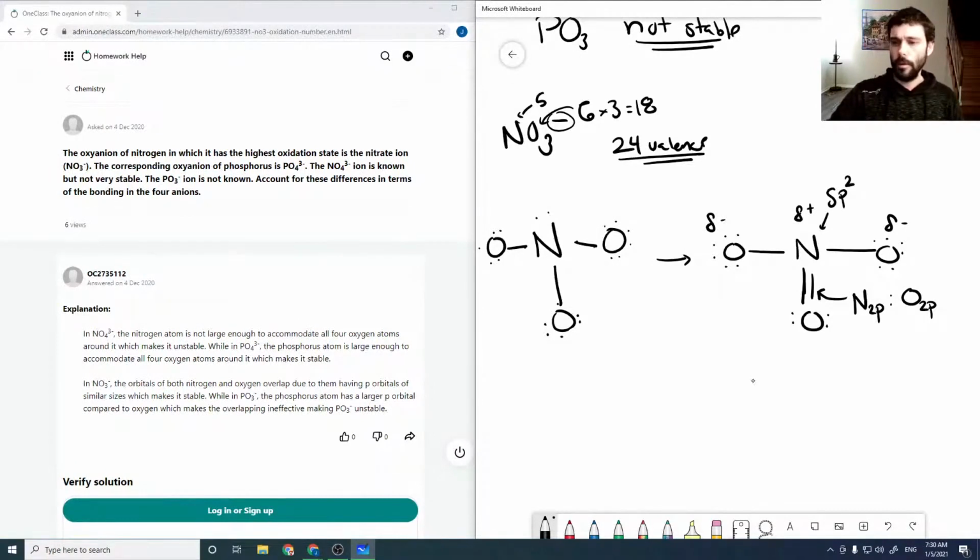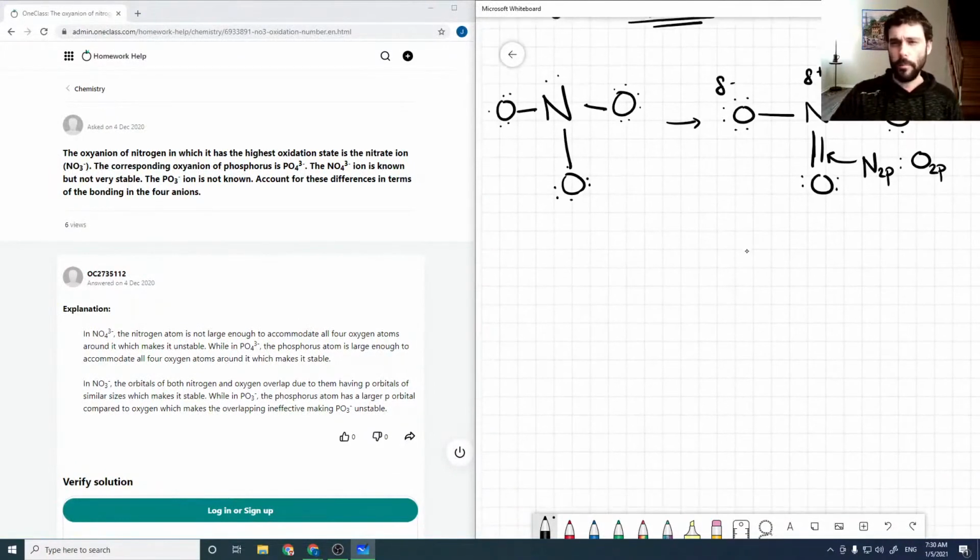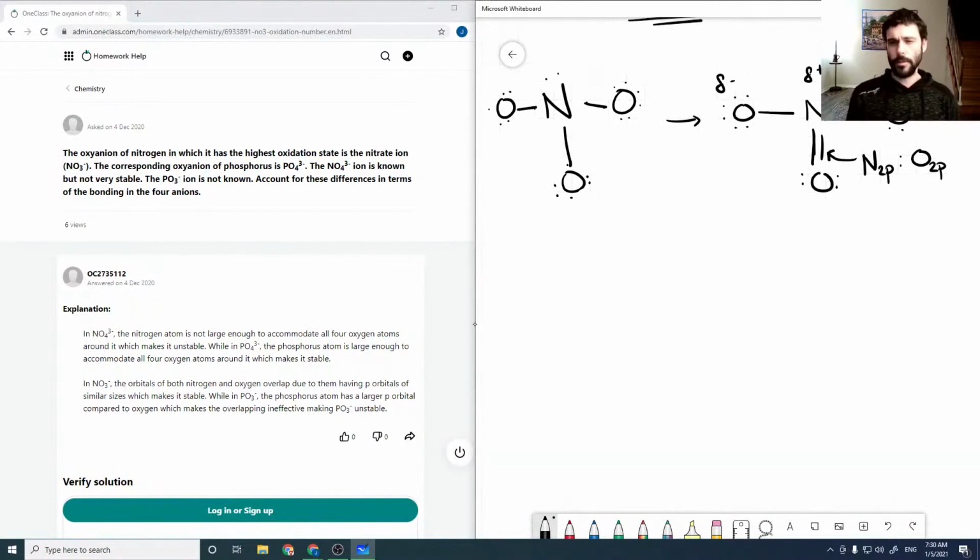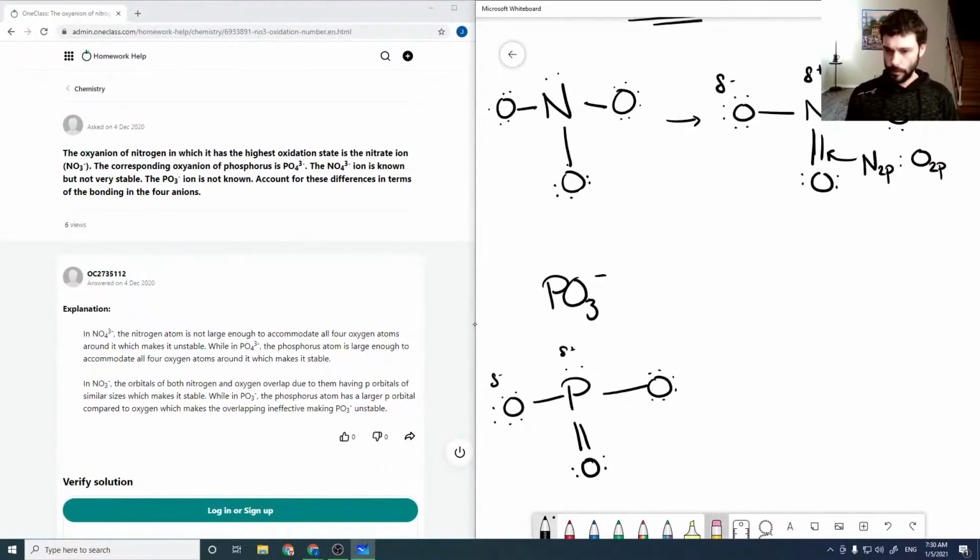And so already we can see why PO3 minus might be tricky. So PO3 minus would be phosphorus, oxygen. So just drawing the same structure again. This, delta minus, delta positive.